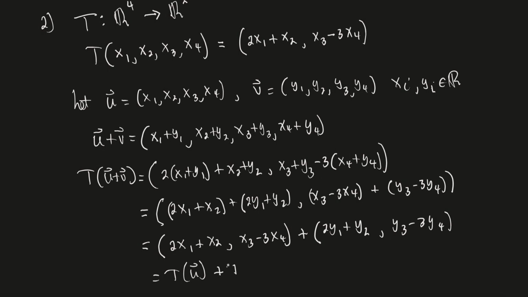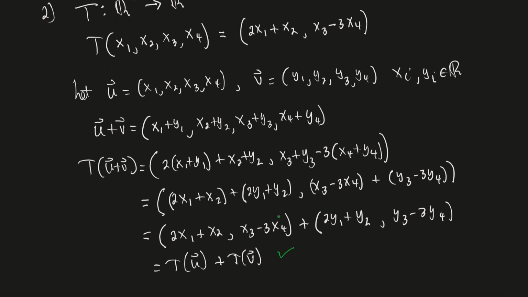So then this is T of v. So this shows the connection that by taking the image of the sum and using my vector algebra, I can show that the image of the sum is the sum of the images, right? So therefore, our first property holds.